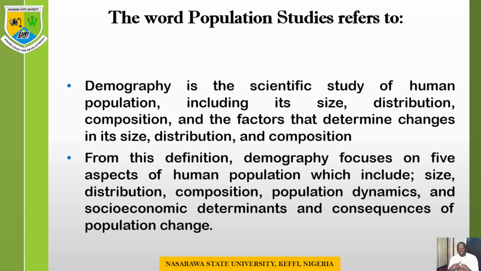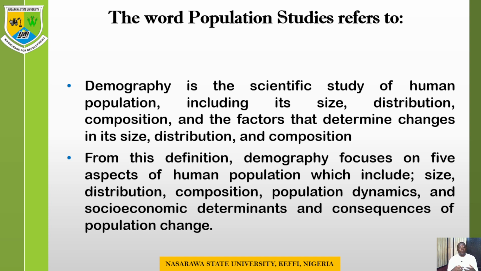It is not just the scientific study of human population; it also includes its size. It is also interested in the distribution and composition of the population. What is the population made up of? The age, the ethnic groups, the sex composition, the age composition, the ethnic composition.